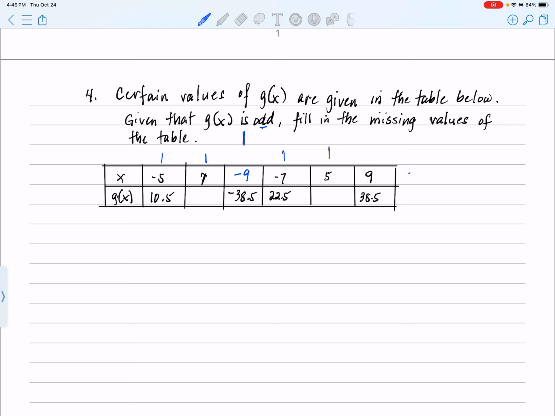Negative 7, 7, negative 5, 5, negative 9, 9. So whatever coordinates we have in negative 7, the coordinates is 22.5, then I could say it's negative 22.5. Okay, because I have here negative 38.5, and when it's 9, it's 38.5. Therefore, if this is 10.5, this would be a negative 10.5.